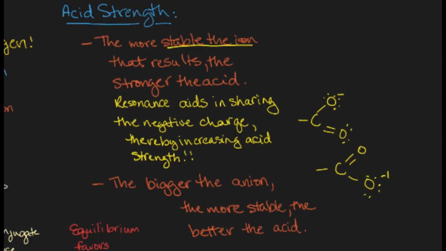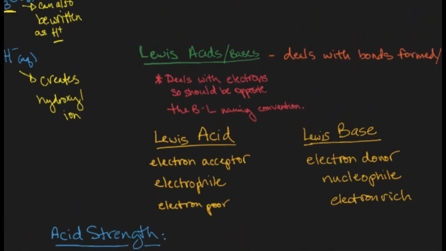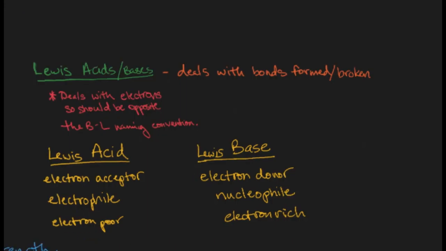Well, some time passes, and some people say that not all reactions involve proton donation. So let's look at it from a standpoint of electrons. If we look at it from a standpoint of electrons, we can say, okay, well, which one is donating the electrons to form the bond, and which one's accepting the electrons? If it's accepting the electrons, it's an acid, and it's usually electron poor, that's why it's accepting them.